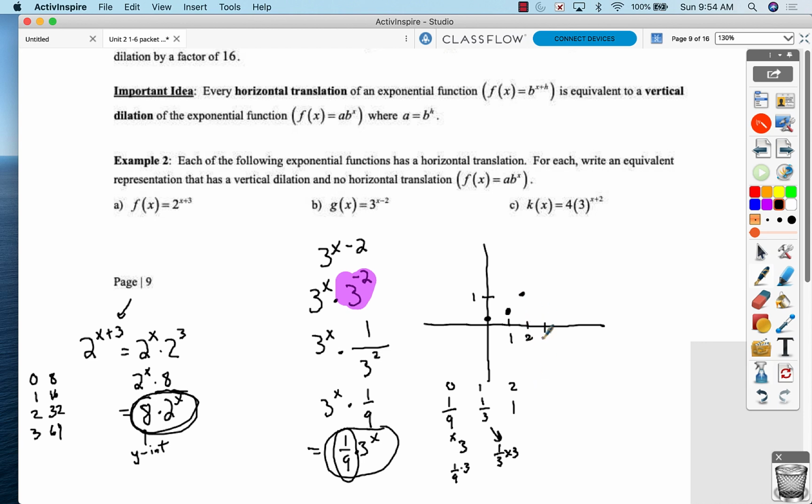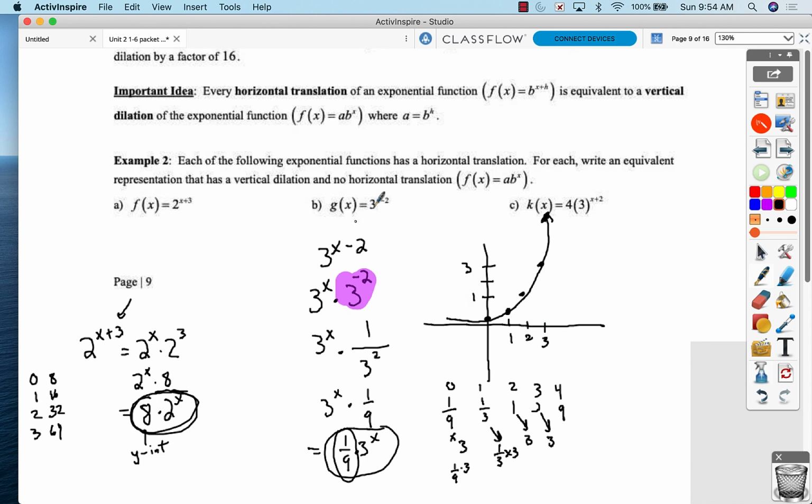Now watch what starts happening. At 3, this 1 gets multiplied by 3, so it's 3. Now at 4, this 3 is getting multiplied by 3, so now you're at 9. You see how fast it's increasing now? So it goes real slow, shoots up real fast.